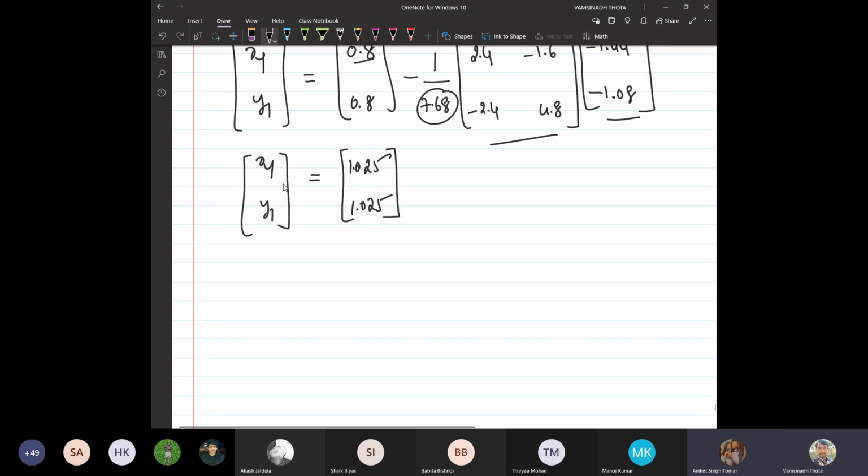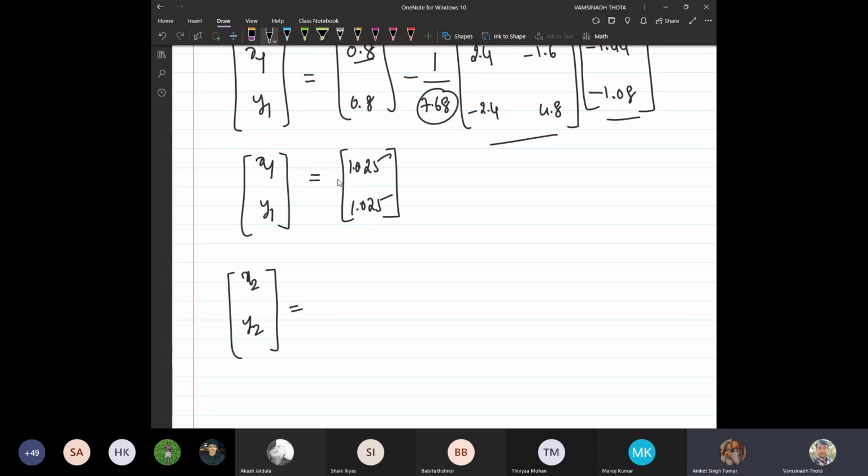Okay. So this is only one iteration we have performed. Now, using this iteration, we need to evaluate the second approximate solution, that is x2 and y2.